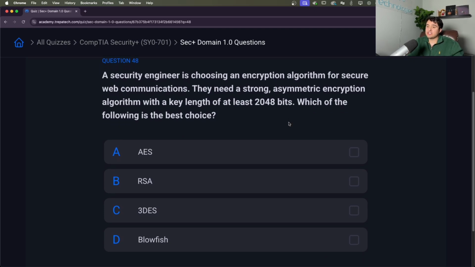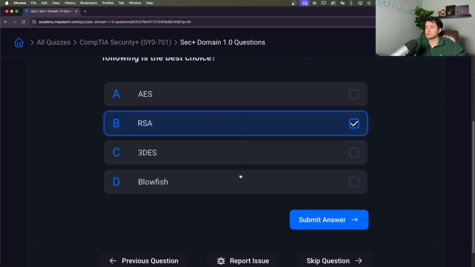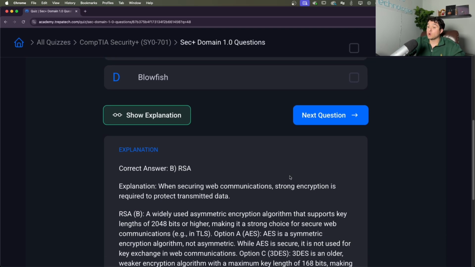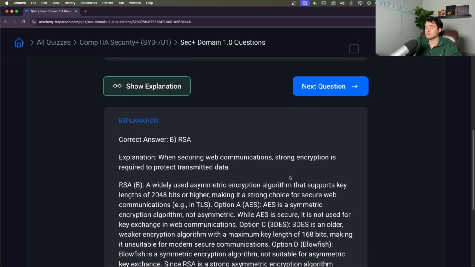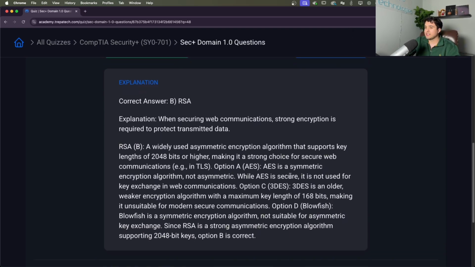A security engineer is choosing an encryption algorithm for secure web communication. They need a strong asymmetric encryption algorithm with a key length of at least 2048 bits. Which of the following is the best choice? So asymmetric encryption, RSA, that's the asymmetric encryption option that we have on there. That can go up to like 4096. Pause the video if you'd like to read the explanation.